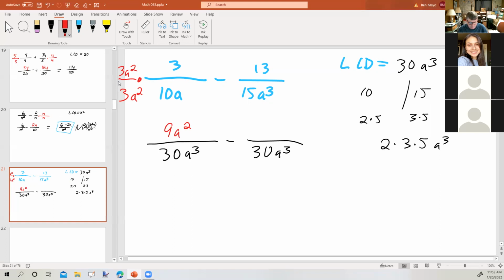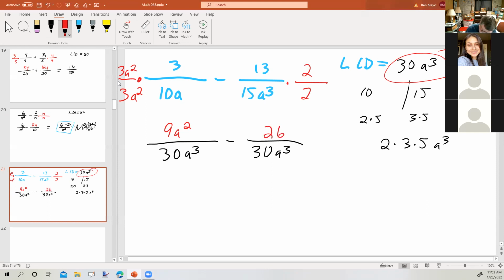So I took a fraction and wrote it as an equivalent fraction with the LCD. Everybody see what's going on here? How about over here? What do I need to get from 15a cubed to 30a cubed? 2. What's 2 times 13? 26.